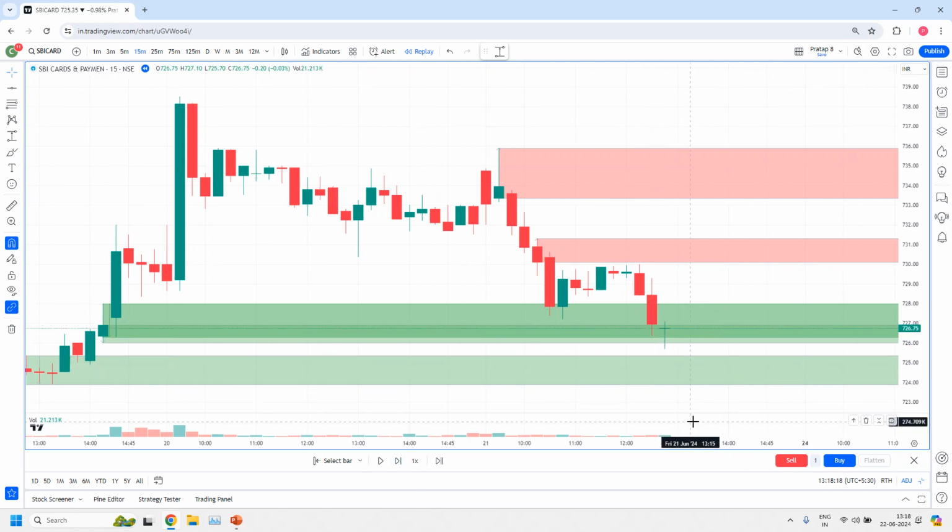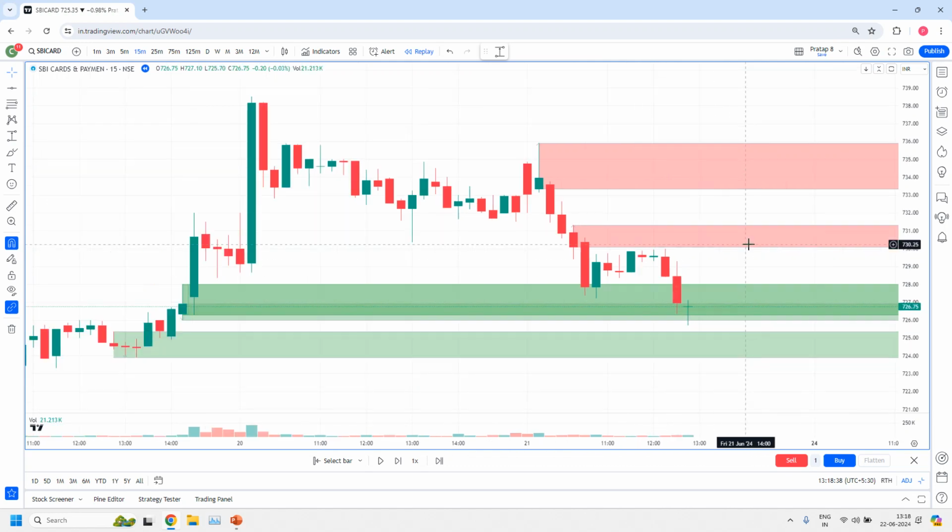Why did it happen like that? Because this zone is already tested, that is one reason. It consumed the existing pending orders. Next time when it came, supply is very strong, and because supply is very strong, remaining pending orders are easily consumed and the zone is violated.